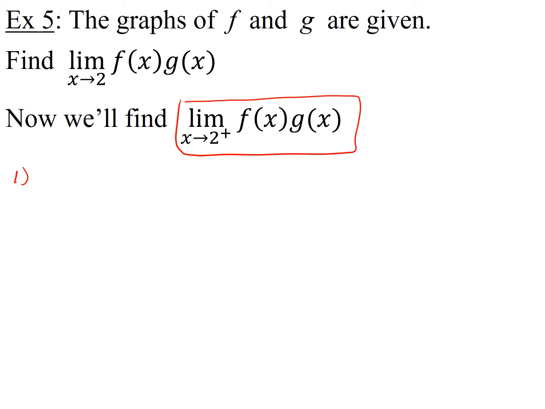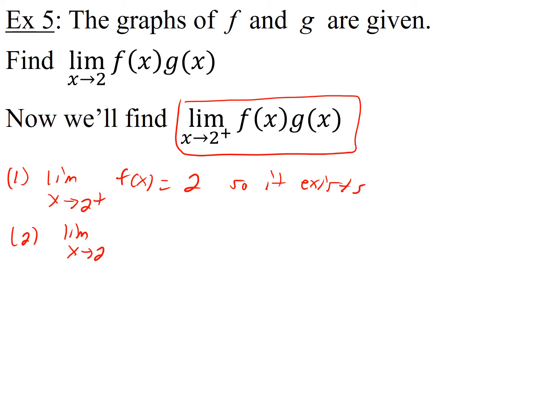So the limit as x goes to 2 from the right of f is 2, so it exists. The limit as x goes to 2 from the right of g is also 2, so it exists.